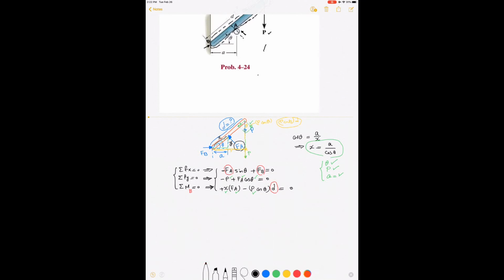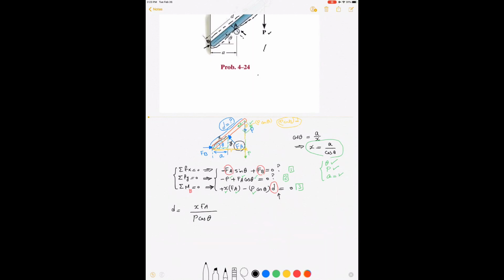So in order to do that, let's first solve for d, and then if I need FA, FB, I can get the value from this equation or this equation and put it back in d. So let me check mark these equations 1, 2, 3. I start with equation number 3, solve for d, which gives you d equal to x FA over P cosine theta.